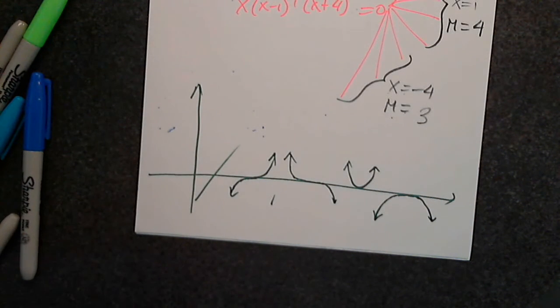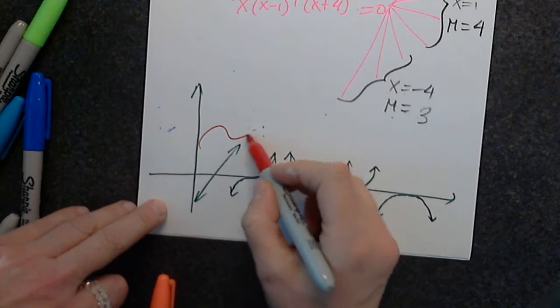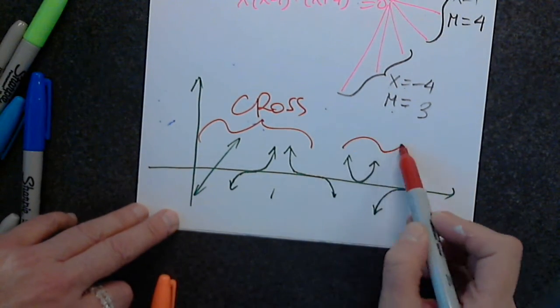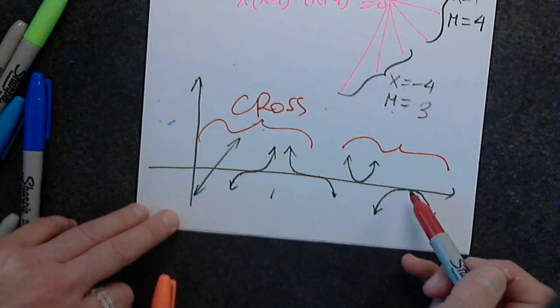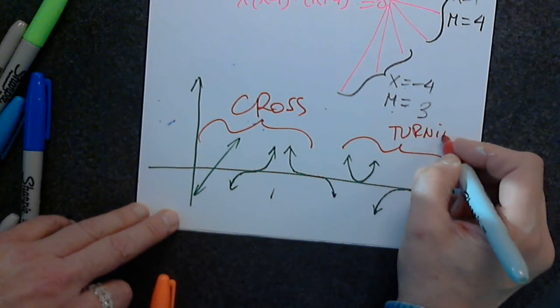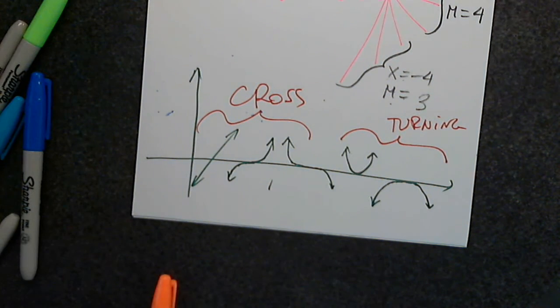I hope you agree that the first 3 graphs cross the x-axis. Would you agree? And the last 2, the third and the fourth, are turning on the x-axis. They're touching the x-axis, but they're not crossing it in the sense that they're coming from negative to positive or from positive to negative.